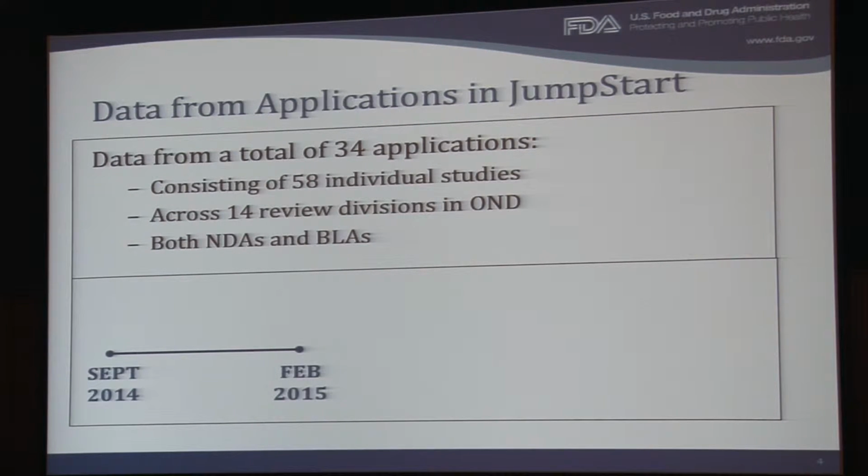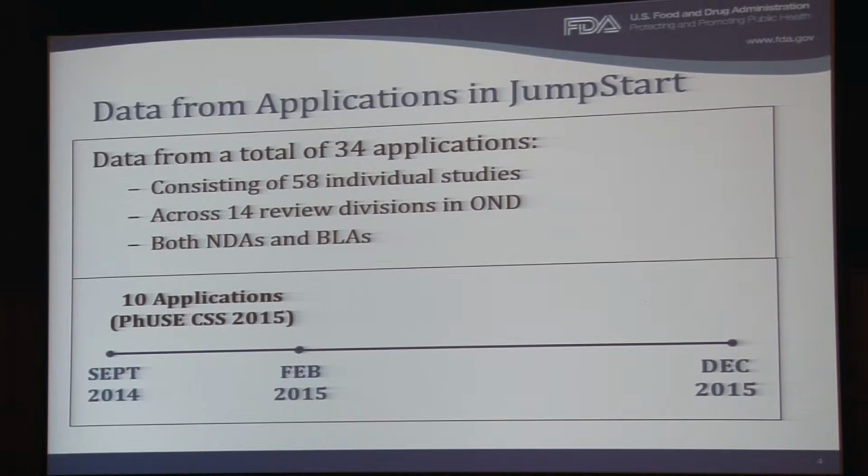So for last PhUSE, we provided data, so Austin provided data regarding 10 applications that were submitted from September 2014 to February 2015. Now we have more data. So we have data up until December of last year. So that comprises 24 applications. And the data I'm going to be providing you today is regarding the total 34 applications.